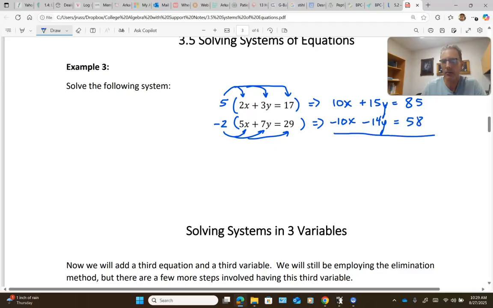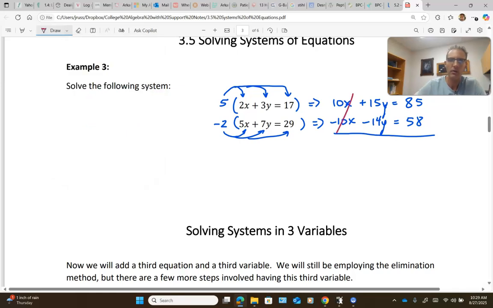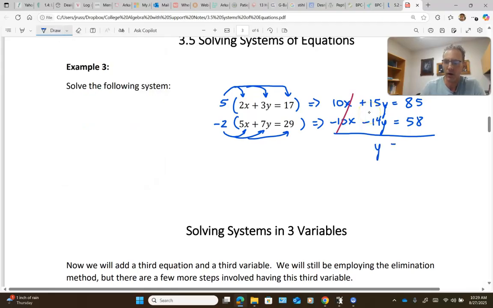So now I'm ready to eliminate. You can see my x's are going to turn into 0 because one's a positive and one's a negative. And then we get a little bit lucky here, guys, because 15y plus a negative 14y is just a 1y.